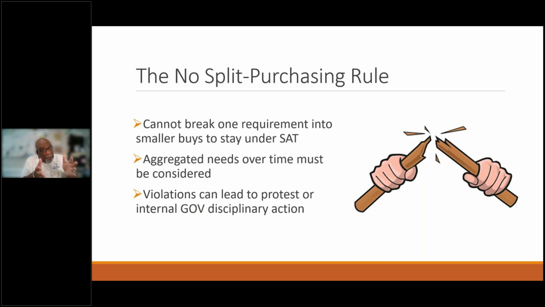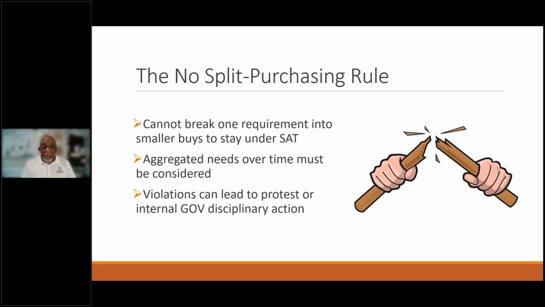Again, the simplified acquisition is fast. It's faster, so there are some motivations and incentives to go fast, but we cannot use split purchasing to utilize these faster strategies.